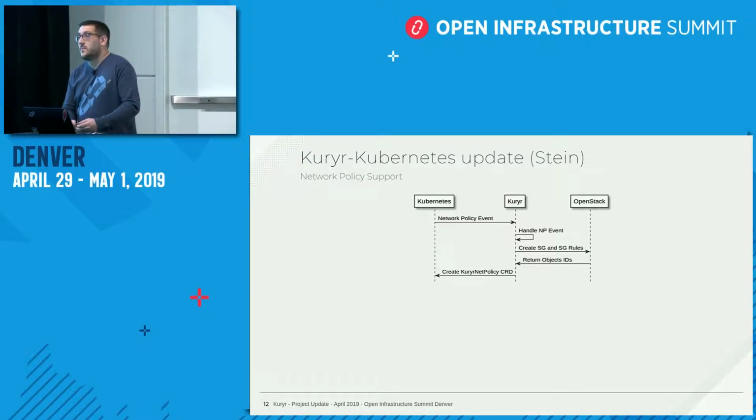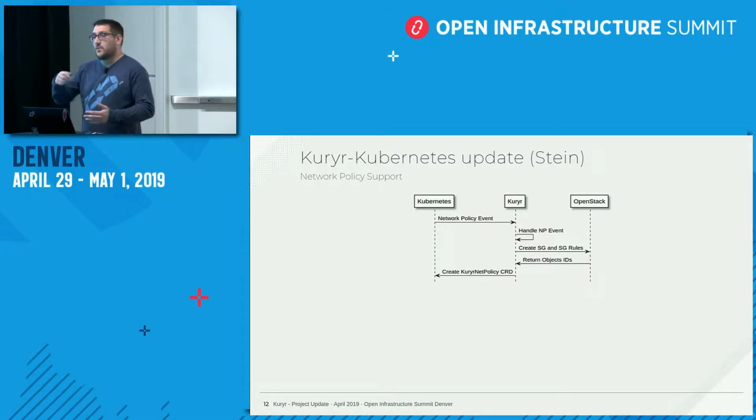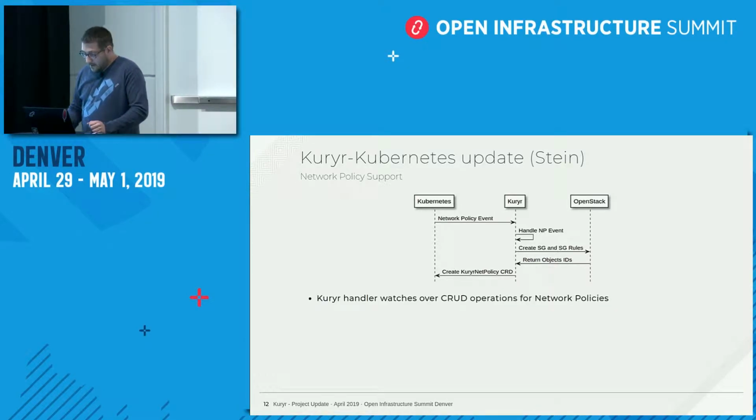Afterwards, once we have done the creation operation, we are no longer relying on Neutron, because it would take so much time to talk to Neutron every time that we are creating a network policy. Instead, we are creating a CRD, and we are annotating all the Neutron IDs alongside. You'll be seeing that later on in the demo, no worries.